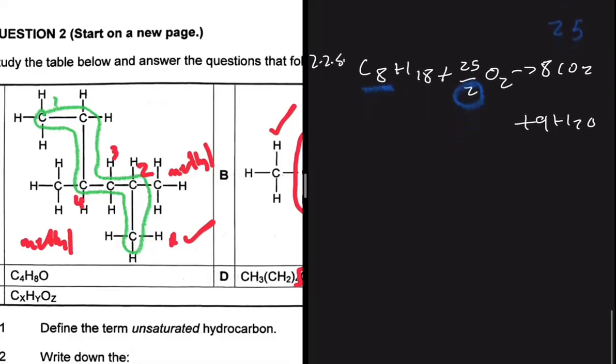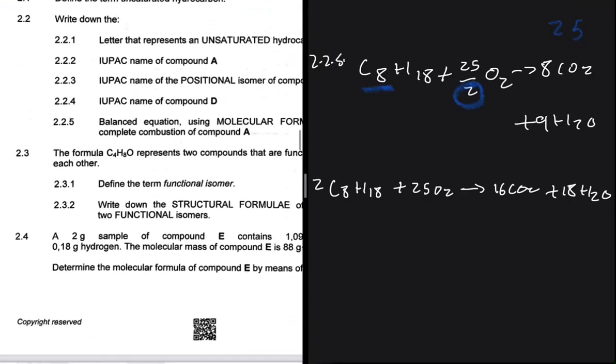If we do that, we get 2 C8H18 plus 25 O2 to give us 16 CO2 plus 18 H2O. There we go. That is 2.2.5. Let's move to 2.3.